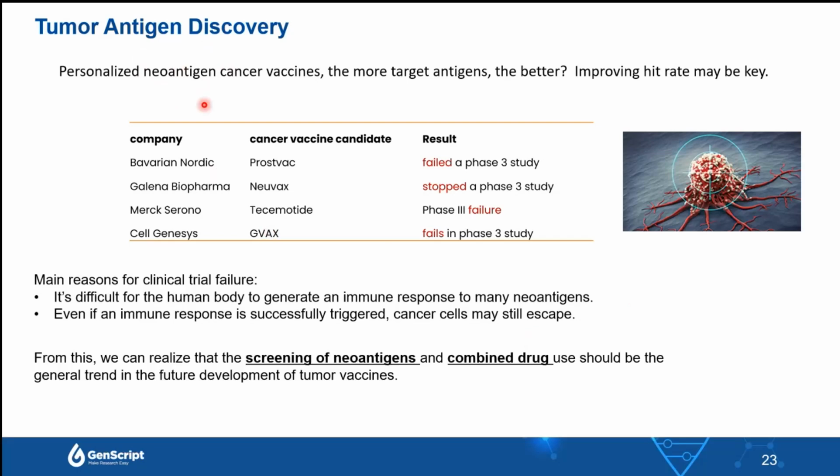So when we talk about personalized cancer vaccines, usually what we mean is the antigen of the tumor is neoantigen. So we're trying to find the more neoantigens, the better.